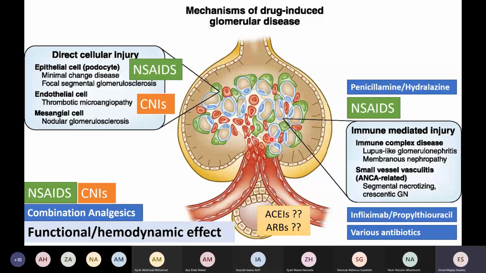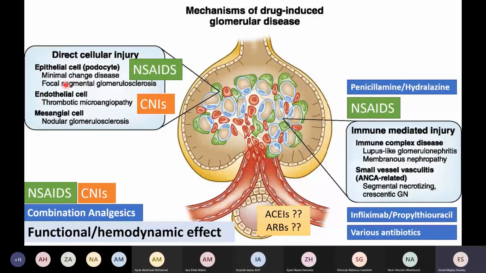The podocytes can be directly injured by the drugs, and we know that podocyte injury will give us the two famous histopathological changes, which are minimally changed disease and focal segmental glomerulosclerosis. So minimally changed disease and focal segmental glomerulosclerosis are also called podocytopathies.